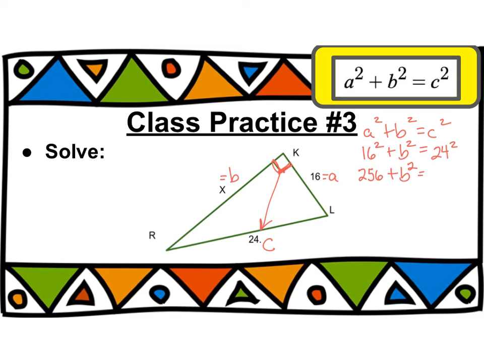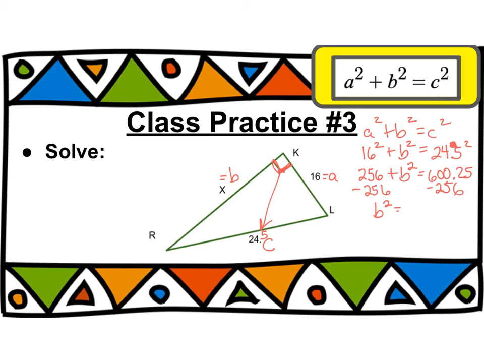24 squared, that's supposed to be a 24.5, and I'm just going to switch that. I don't know why the 0.5 didn't show up, just because that's what I have on my notes. So when I square this, I'm going to get 600.25, and then I'm going to subtract 256 from both sides. In this example, I just wanted to give you a decimal.